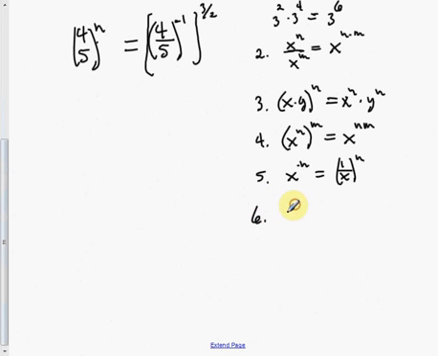Number 6, if I have x over y to the negative nth power, this becomes y over x to the nth power. If the exponent here is negative, I can make it positive by flipping the ratio. Flip it.